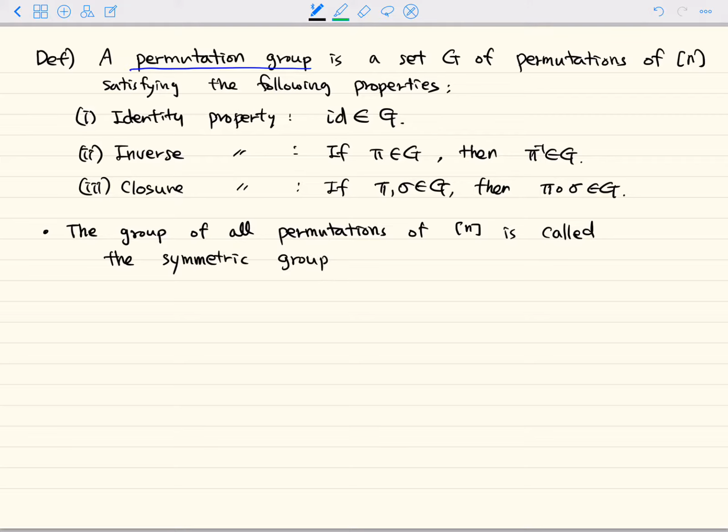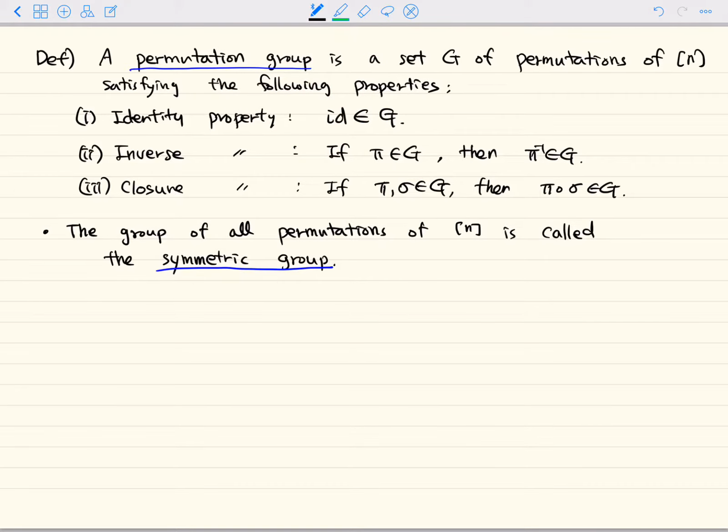So if we collect all the permutations of n, it satisfies these three properties: the identity is there, for every permutation the inverse is also a permutation of n, and if you take the composition of two permutations, we get a permutation. So it satisfies the three properties, so it becomes a group, and it's a permutation group. It's called the symmetric group.